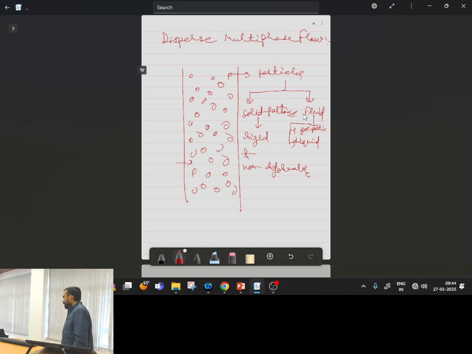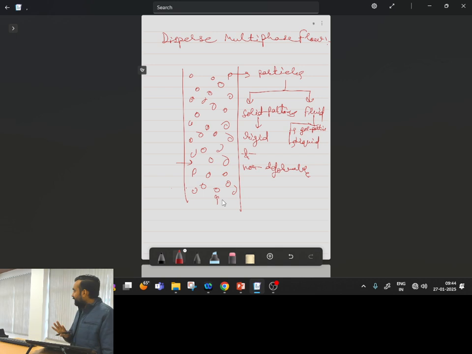Is this one clear? However, below a certain size of the particle, if I assume that the size of the fluid particle is very small, then if their non-dimensional parameter, say Weber number, is less than 5, then we can assume their shape to be almost spherical. Okay, that's something different, we will talk about it later.